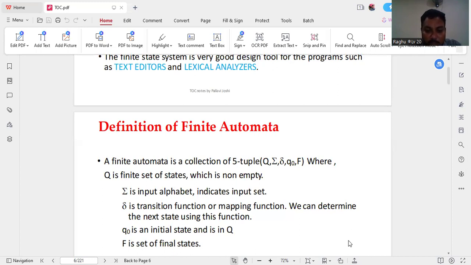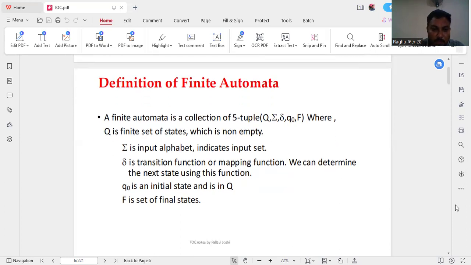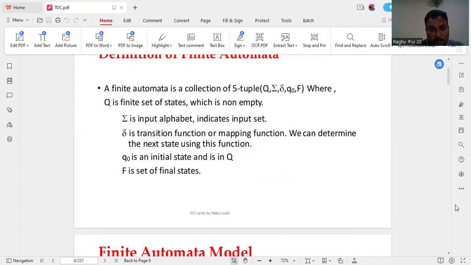It indicates the input set, and Q naught is the initial state that belongs to capital Q. F is the final state set that belongs to capital Q. And coming to delta, delta is a transition function. This transition function defines the mapping from the current state and the inputs of the given alphabet to the next state.